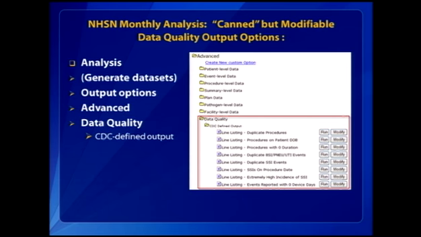So these are examples of some of the canned data analyses that are available in NHSN. They are canned programs, sort of generic programs, but they're also modifiable, so that if you find something that needs to be tweaked for your uses, you can modify them in NHSN.